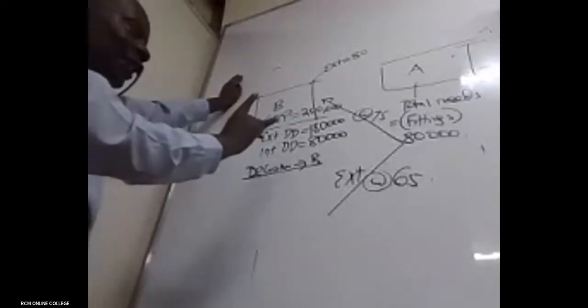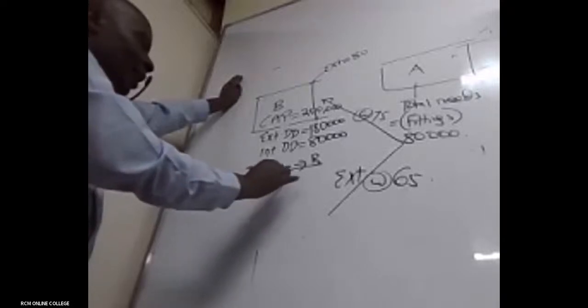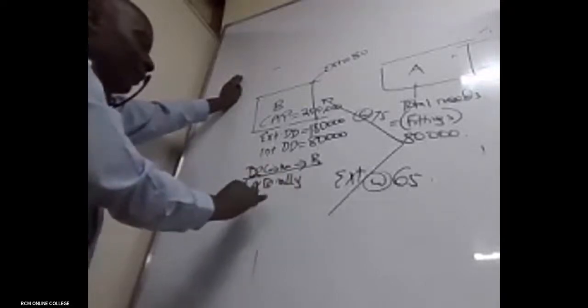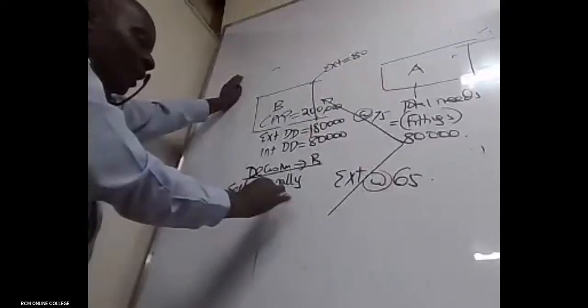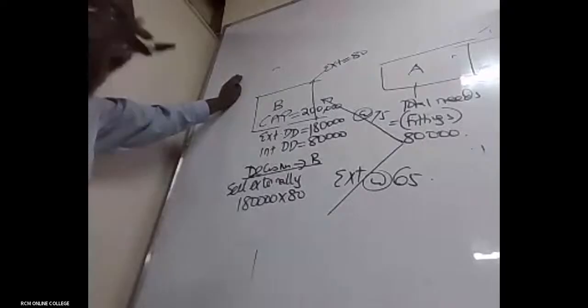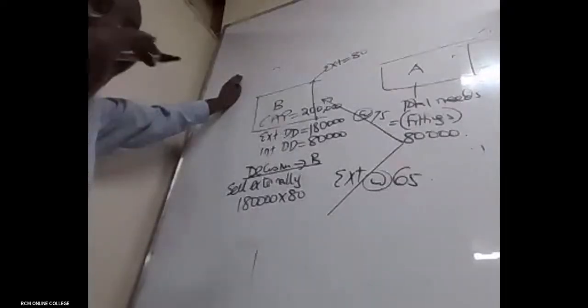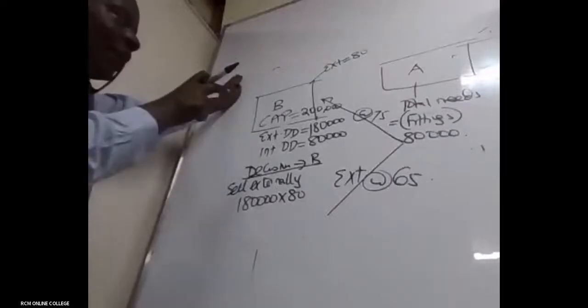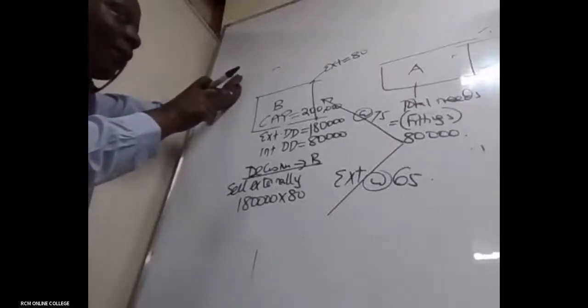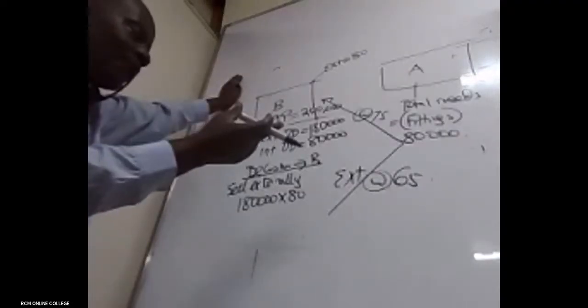But remember, their market is restricted. So sell externally 180,000 at 80. But you see, we don't want to be idle. If we sell externally 180, we have a space of 20 remaining. So what do we do with this 20?